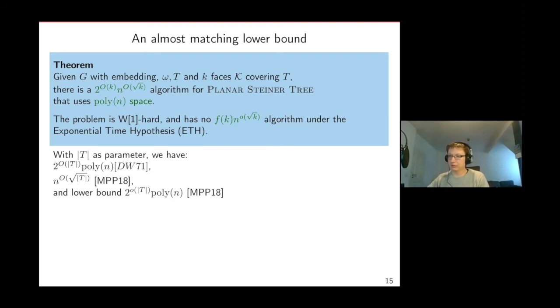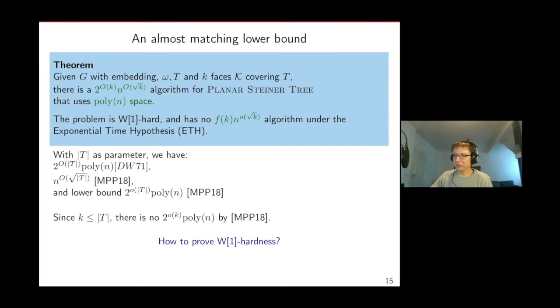And so the hardness result obviously carries over to a more strict parameter. So we know that we should not expect a sub-exponential FPT algorithm, but that's kind of irrelevant. Now we want W1 hardness.